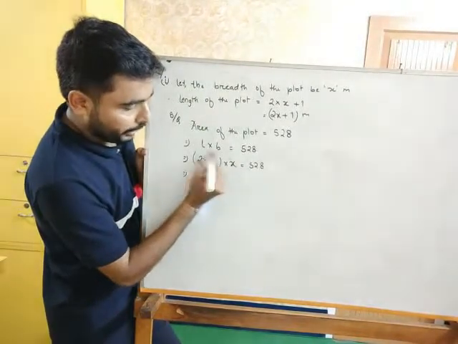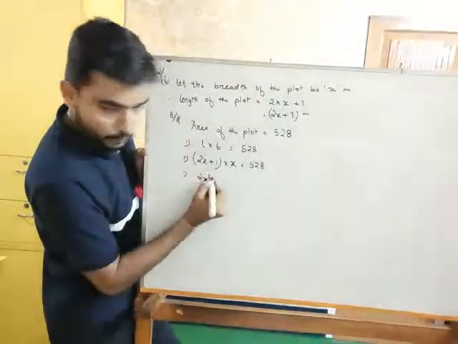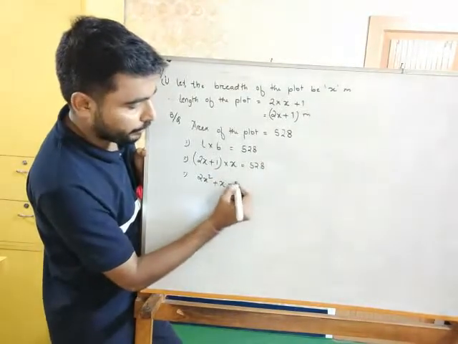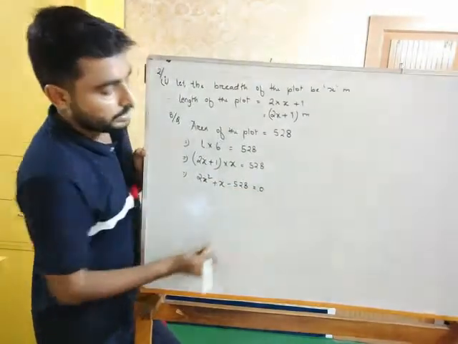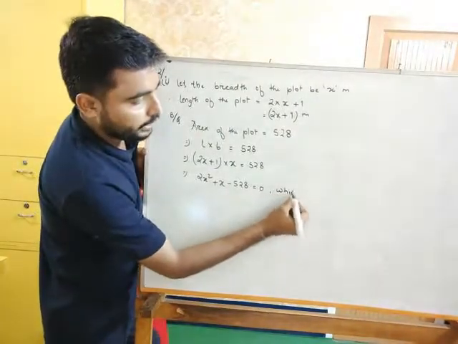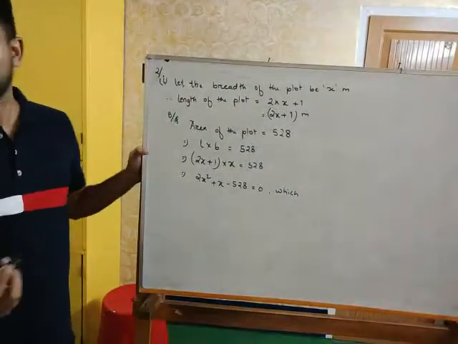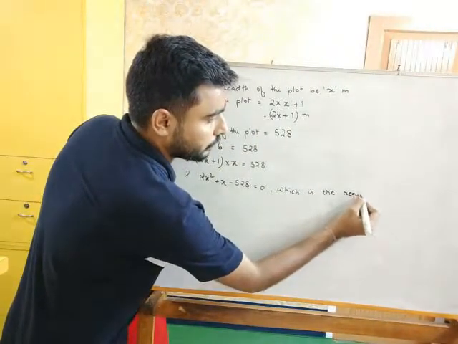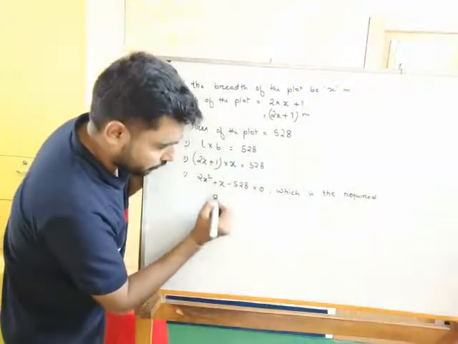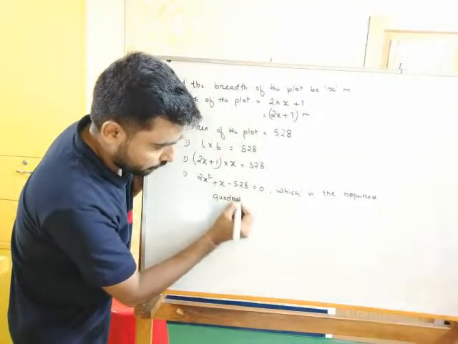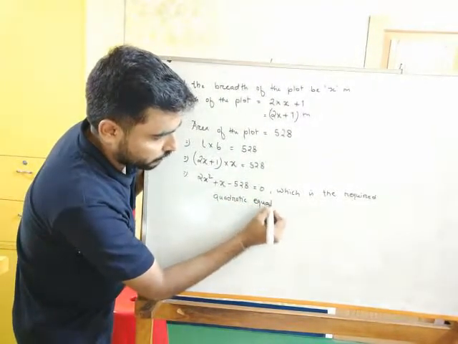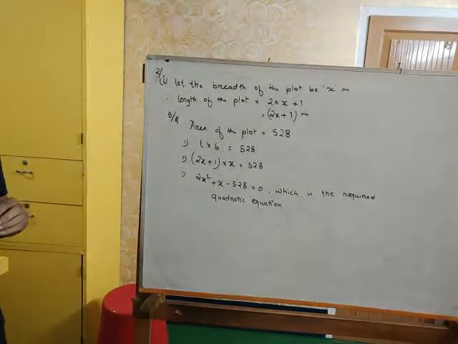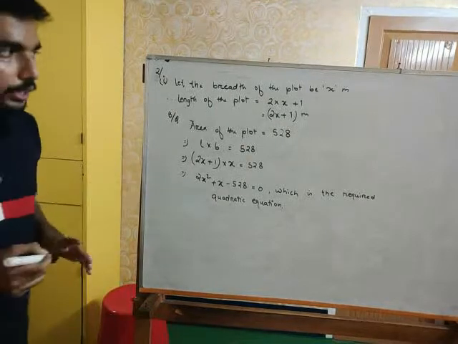Then I will multiply: twice x into x is 2x square, and 2x into 1 is 2x, and minus 528 will be taken this side, is equal to 0, which is the required quadratic equation. Clear?